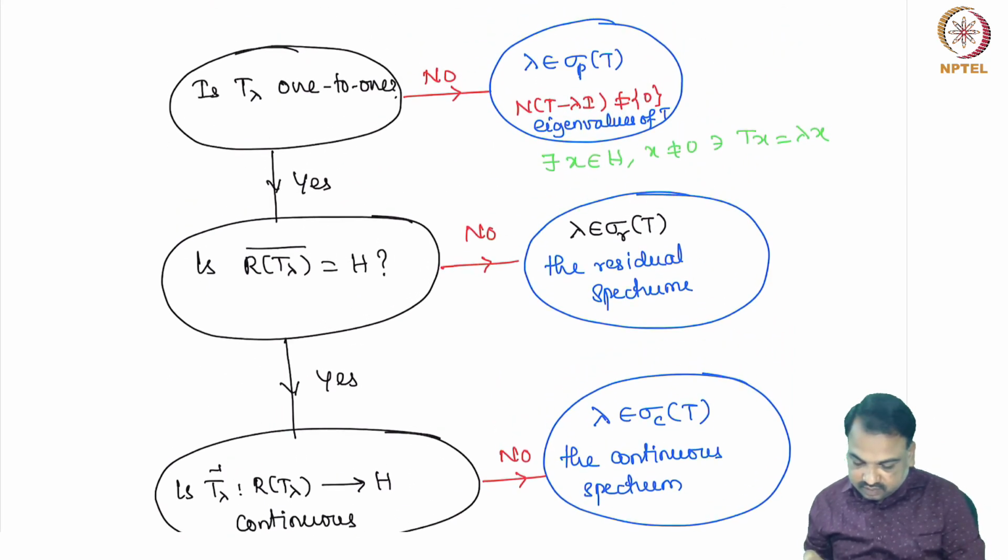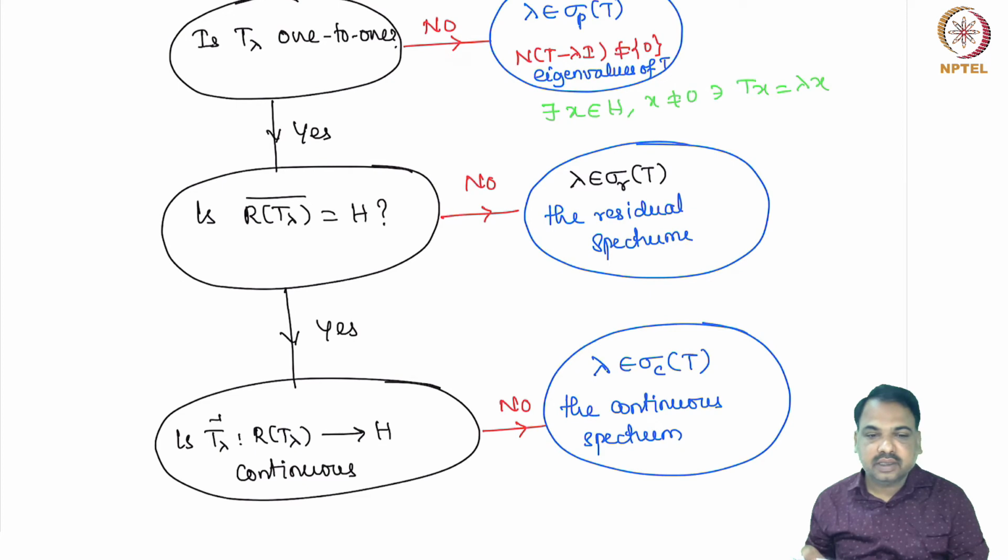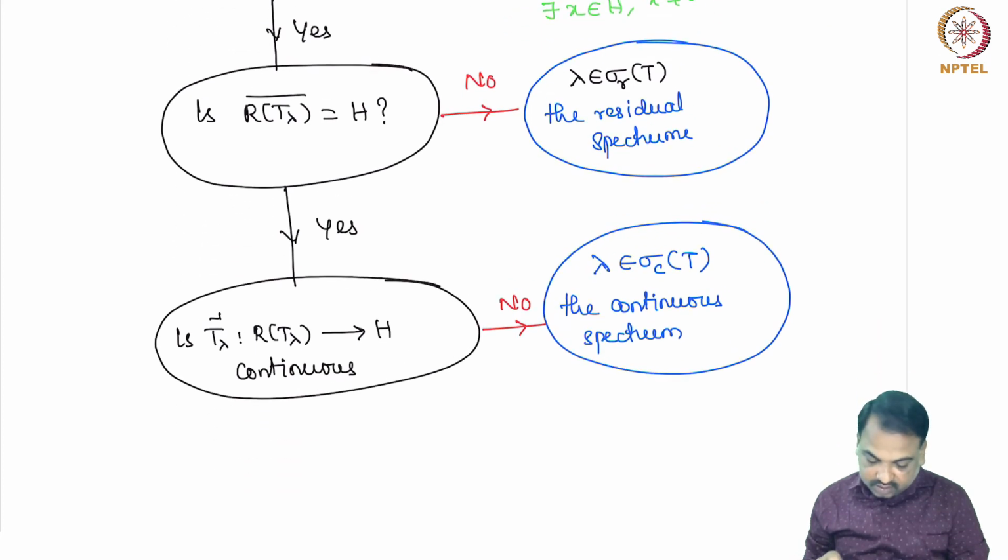Okay, so that means if you want to get the continuous spectrum, we should get yes 2 times and no 1 time. So T lambda is 1 to 1, the range of T lambda is dense, but the map T lambda inverse from the range of T lambda into H is not continuous.